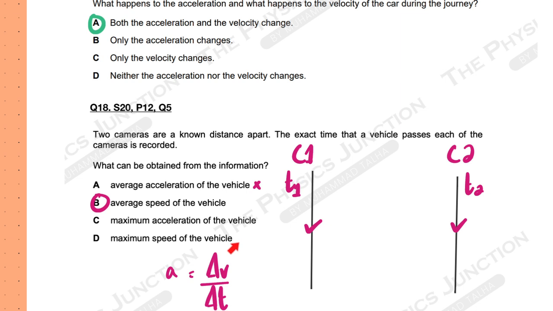Now max speed of the vehicle might also seem tempting to a few, but think about it this way: if the car entered the region of camera C1 and it sped up, and then it slowed down, and then it sped up, and then it slowed down, would total distance over total time tell me these changes in speed?